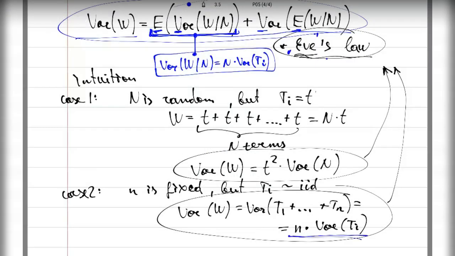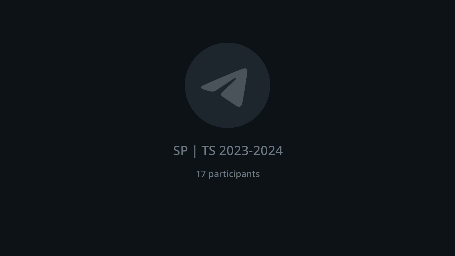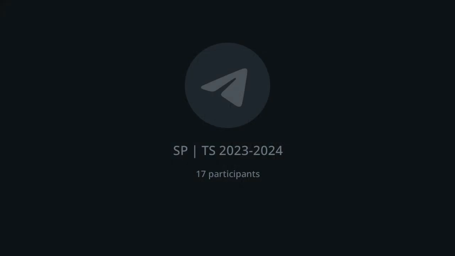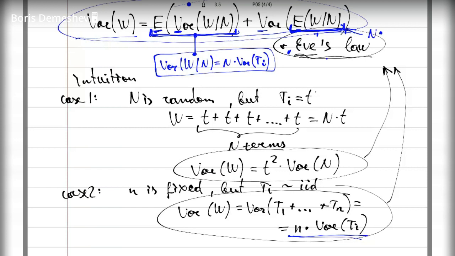So the variance of Wn is just the number of terms times the variance of each term. What is the expected value of W given n? The expected value of W given n is n times t, where t is the expected value of every ti.